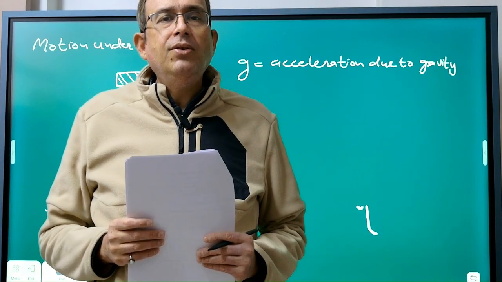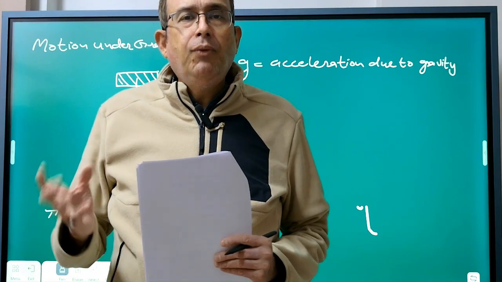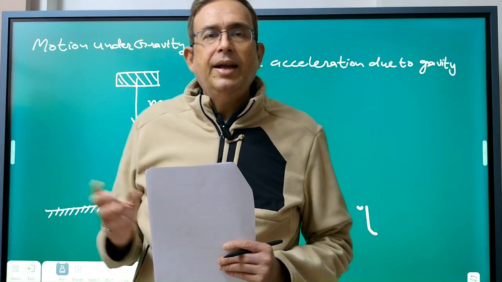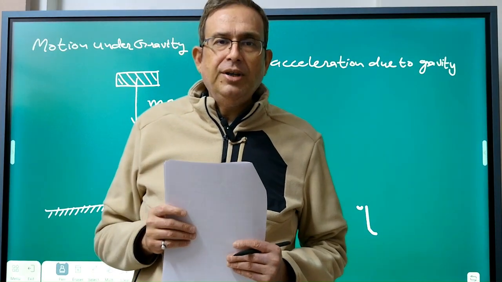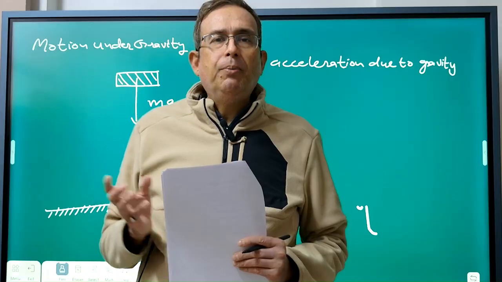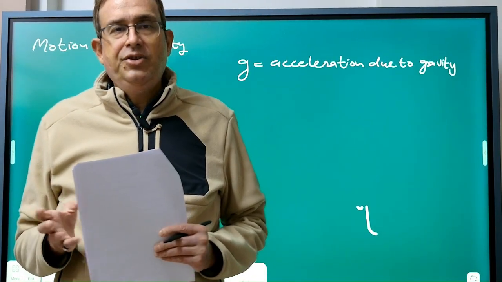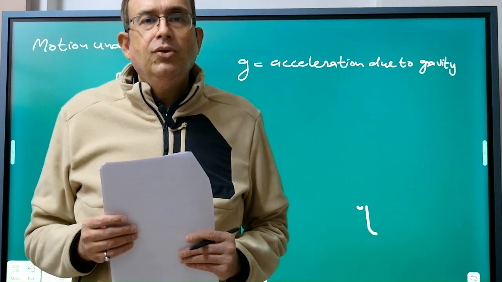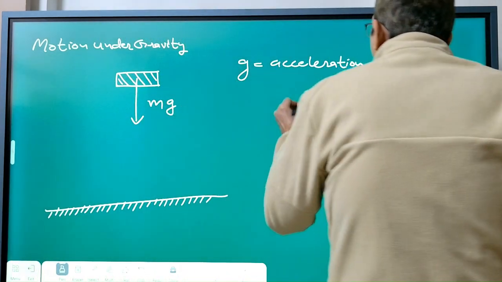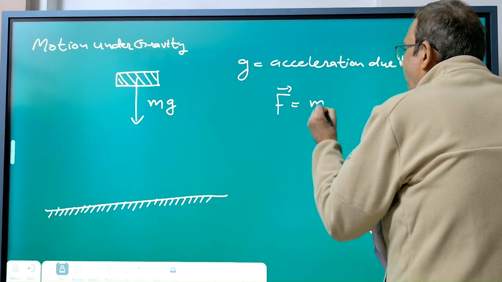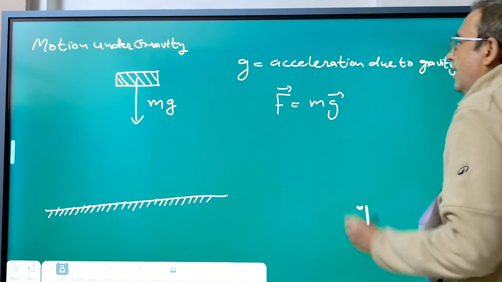And it is because a force is acting on that object, which is the gravitational force, and it is proportional to the mass of that object and related to the acceleration that it produces. So the force is equal to mg in this case.